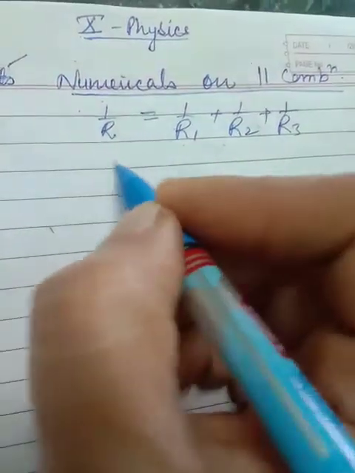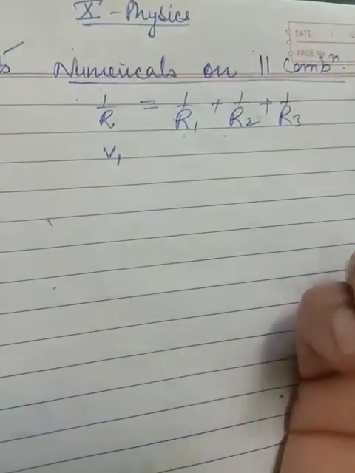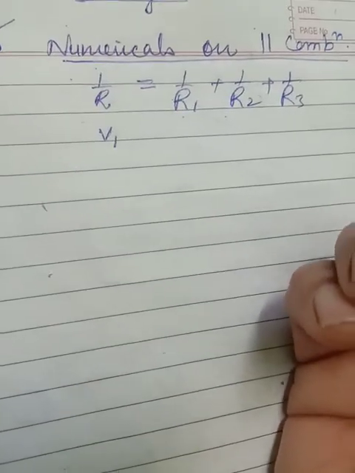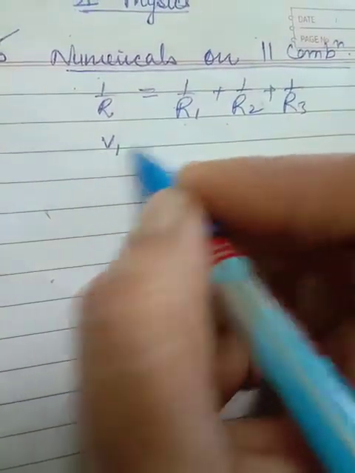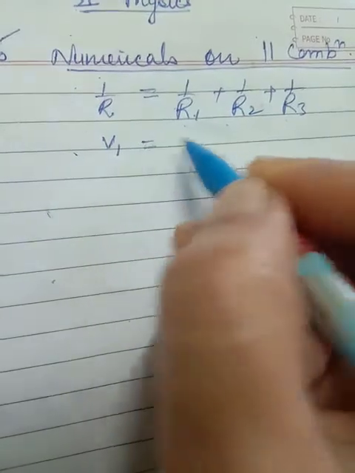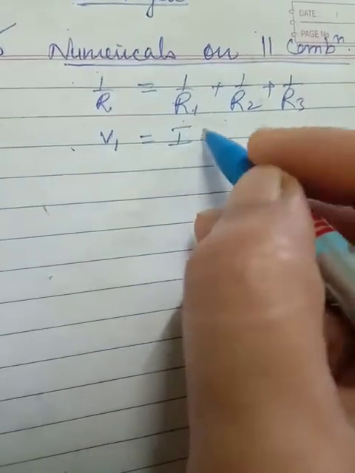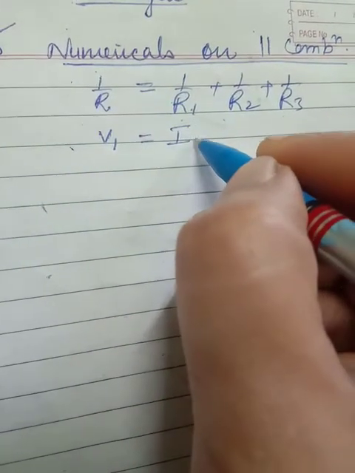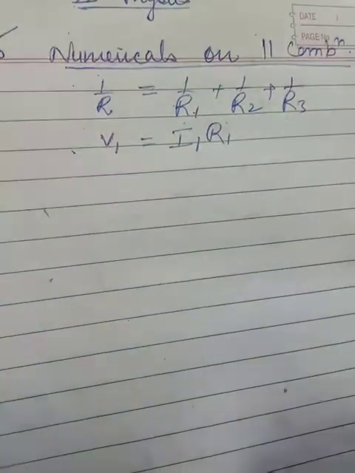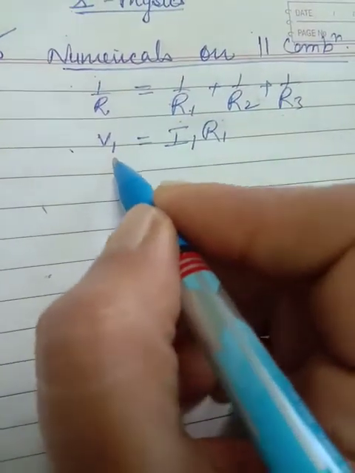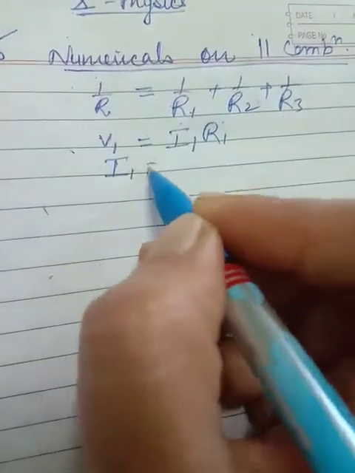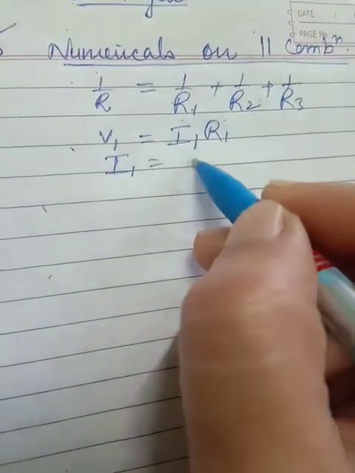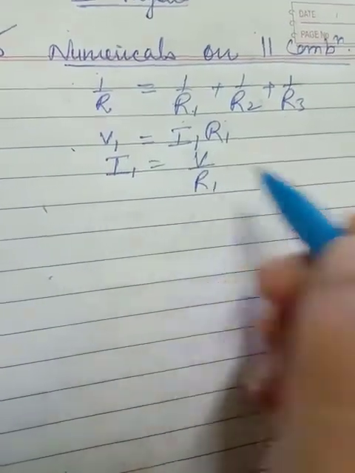And if we want to find out the potential drop against any resistor, suppose for the first resistor, V1 will be equal to I1 into R1, and if we want to find I1, it will be V upon R1.